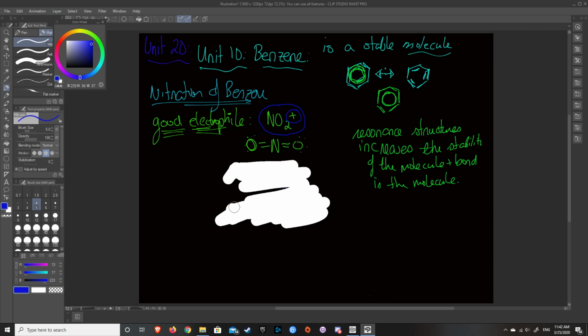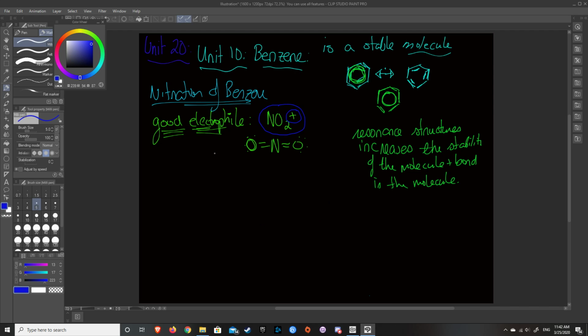So okay, let's look at how we form this. It's a good electrophile. And what is a good electrophile? It wants electrons. So that's what an electrophile is. If we look at these atoms, nitrogen and oxygen, we've got very electronegative atoms. A very electronegative atom is bonded to two other very electronegative atoms.